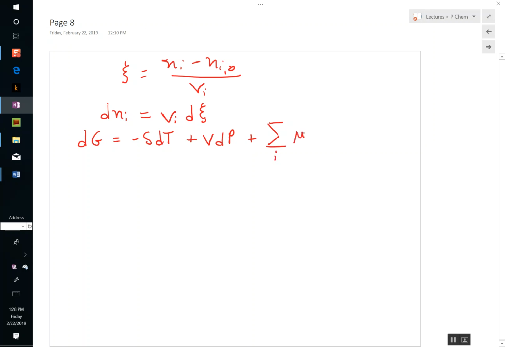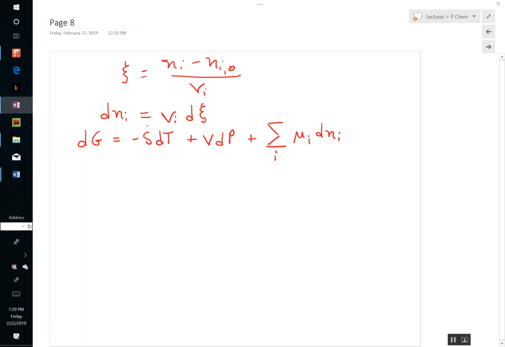I should have put the equation number down here, but this is the equation we had from chapter 4, this fundamental chemical equilibrium equation. dG is equal to minus S dT plus V dP plus the sum of the chemical potentials of each species times the change in that species.